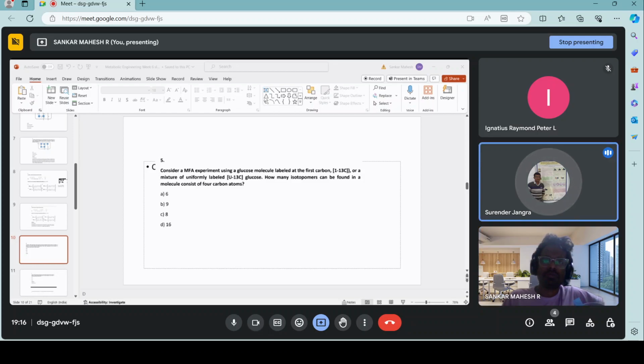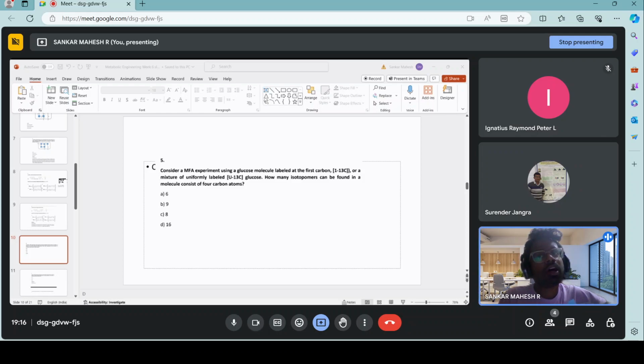So if we consider the glucose is labeled at the first carbon, 2 raised to power n is equal to 16. It is not possible to get 16 isotopomers for a 4 carbon molecule because if one carbon is labeled at one end, in a 4 carbon labeled molecule all 4 carbons cannot be labeled.